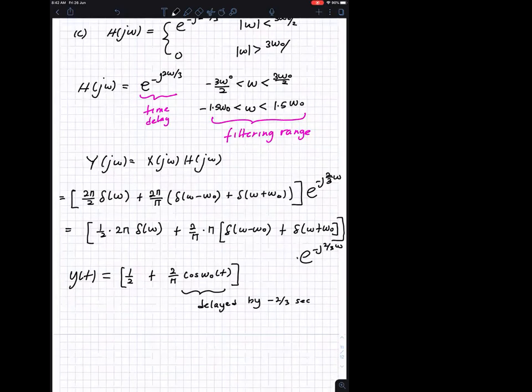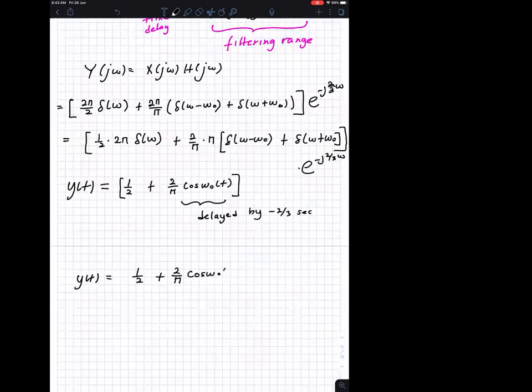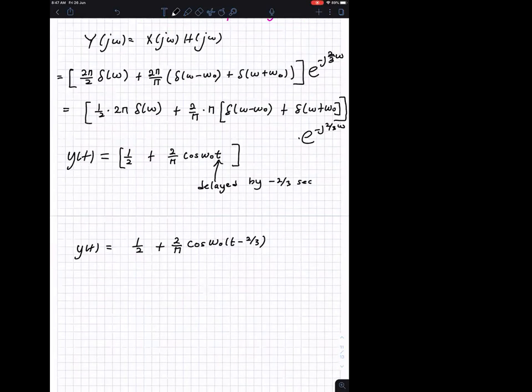For the AC part, you have time dependency, so you're going to only delay that part. And this is a DC with an amplitude 1/2 plus an AC with an amplitude 2/pi. Frequency is omega naught, and there's a phase shift.